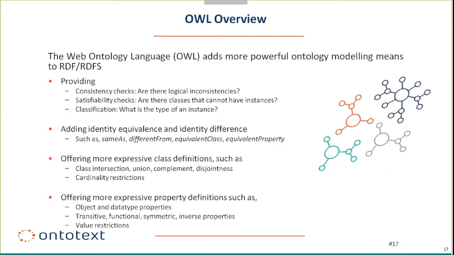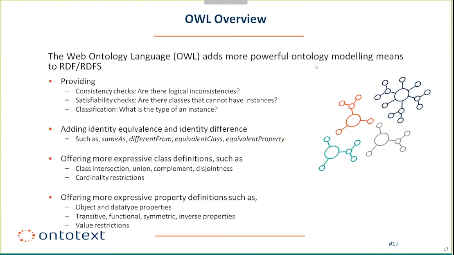Now, the web ontology language is the ontology of the semantic web. It's abbreviated with the abbreviation OWL, and it adds more powerful ontology modeling means than what you already have by using RDF schema. In particular, it allows you to check whether there are any logical inconsistencies in your data, or you can also see whether you've defined some classes that, due to your definition, cannot have any instances, so you can go back and modify your definition.